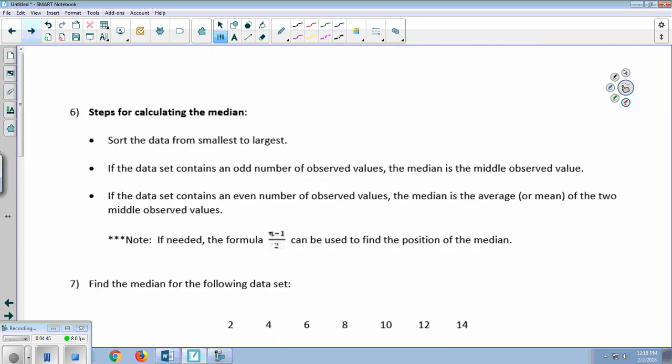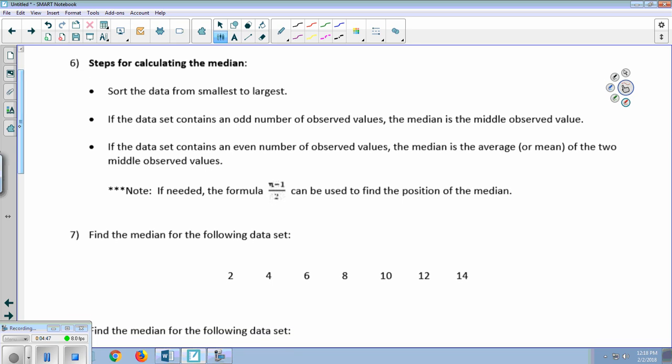So how would we calculate a median? Like the mean, we can use technology to do it, but we can also do it by hand, and you will have to be able to do some small data sets by hand. So here are the steps for calculating the median. We want to sort our data from smallest to largest.